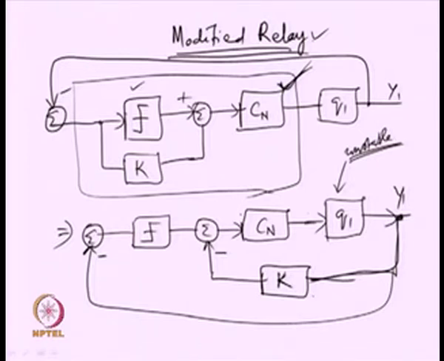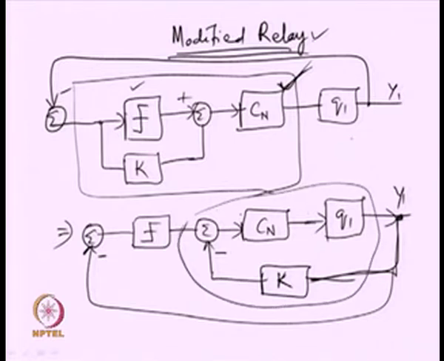Okay. So, now we can relocate the open loop unstable poles or odd poles or oddly located poles of Q1 at some convenient locations with the help of K, because the dynamics which the relay sees can be equivalently given by a transfer function of the form Cn Q1 upon 1 plus K Cn Q1.